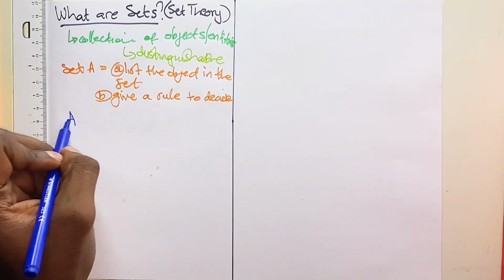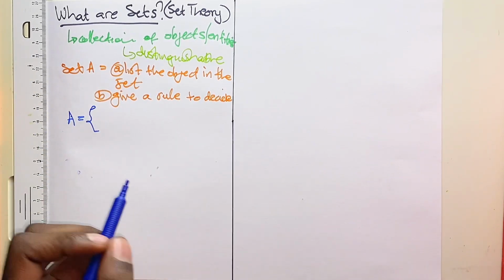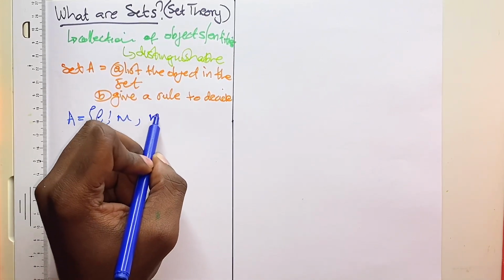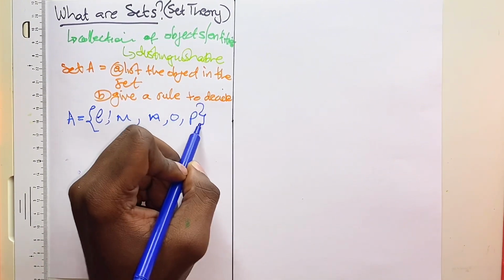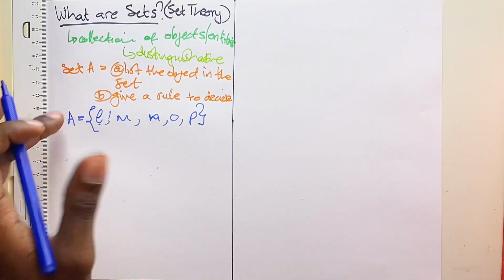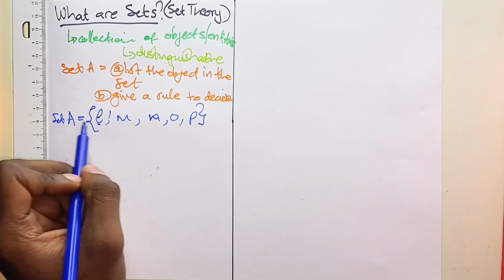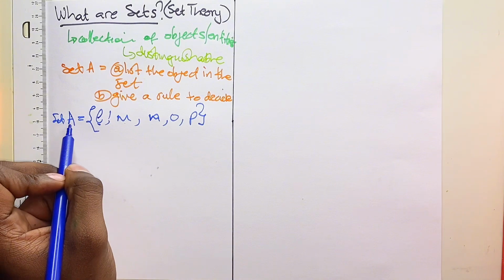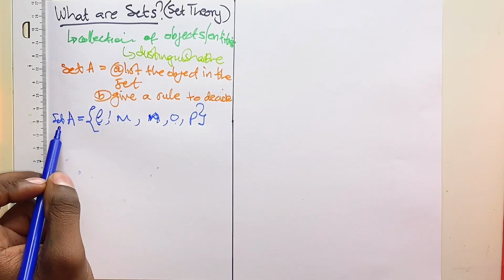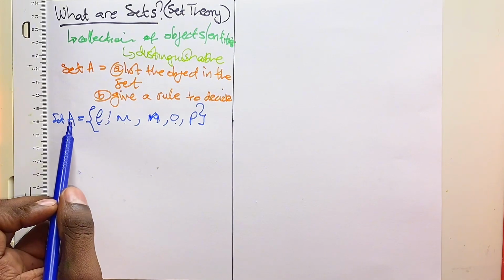Let's say I have a set A. If I can list the elements that belong to A, let's say we have the letters L, M, N, O, P. This is a list of objects that fall into my set A.